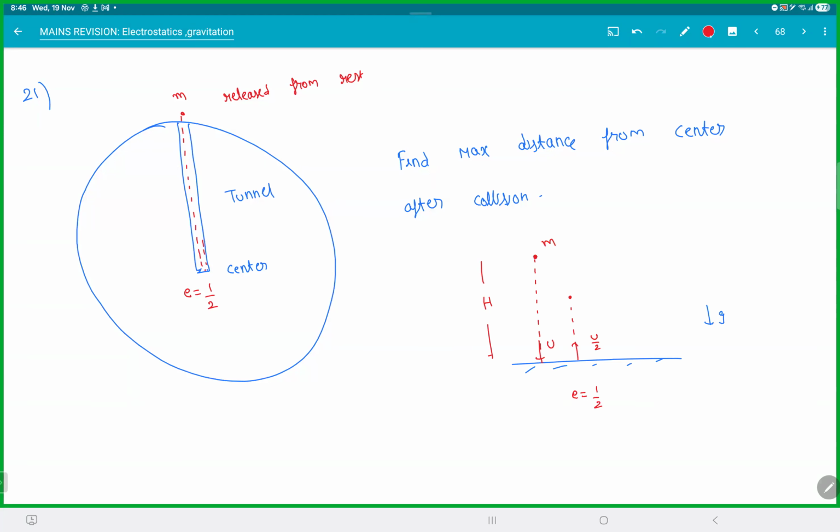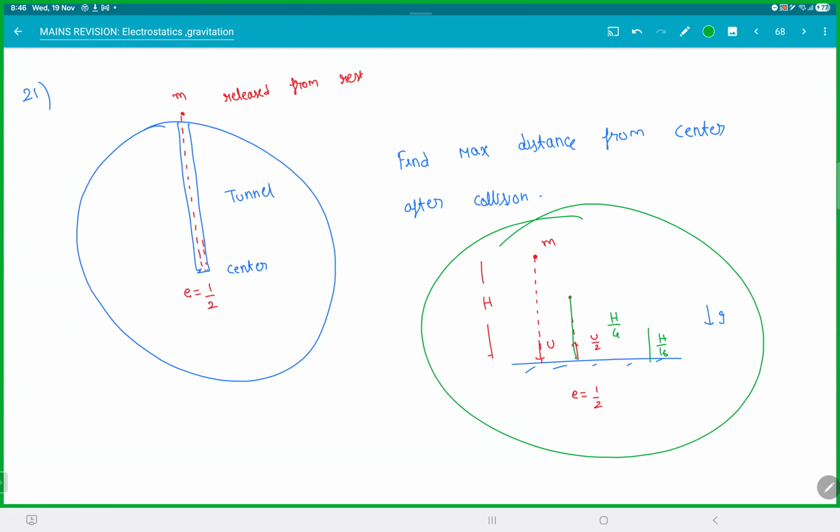You actually go only to h by 4 height. Next time you'll go to h by 16 and so on. You can't use this thing here. That is valid when gravity is constant. Here g is changing.